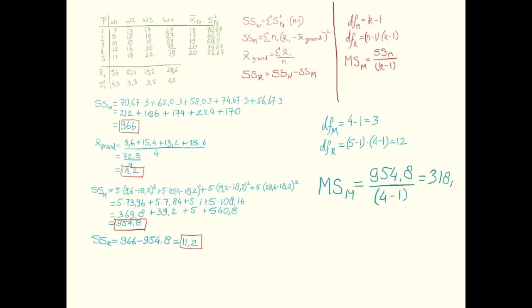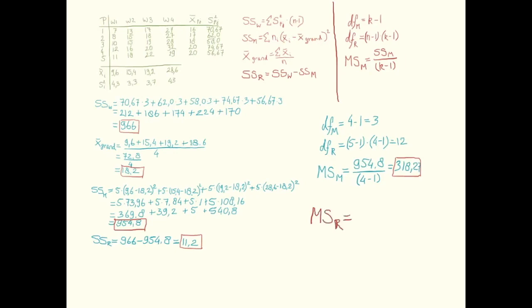And we want to make some space for the last calculations now, because we still have to calculate the mean square residual. And that is the sum of squares residual divided by n minus 1 times k minus 1, equaling the degrees of freedom of the residual. We just calculated the sum of squares residual, and n minus 1 times k minus 1 equals the degrees of freedom of the residual.